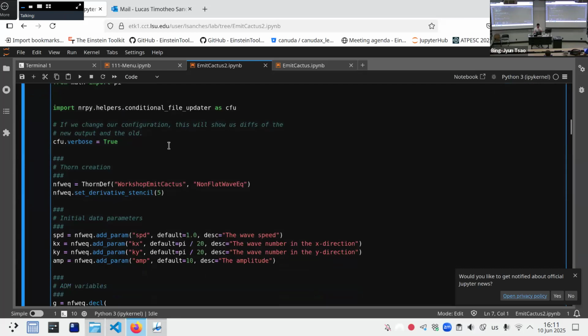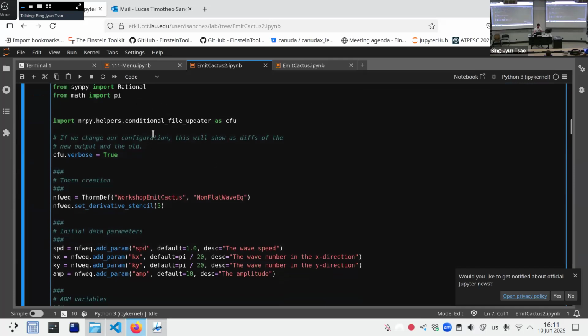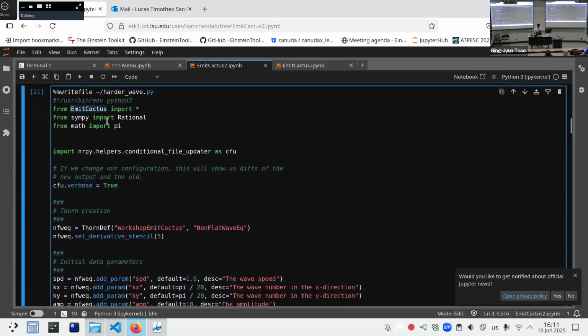All right. So let's start walking through this thing here. We begin by bringing EmitCactus into scope. So from EmitCactus, import everything. And we also bring an extra symbol here from SymPy, Rational. Now, Rational doesn't do much when you emit code with it.